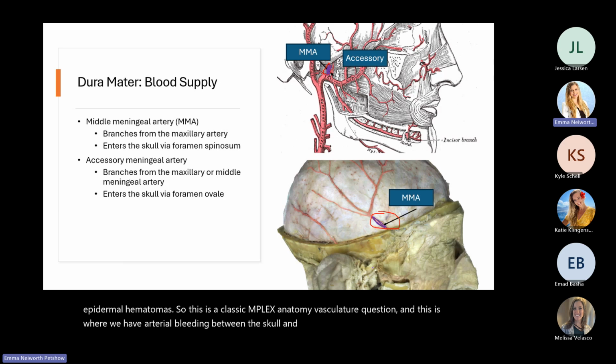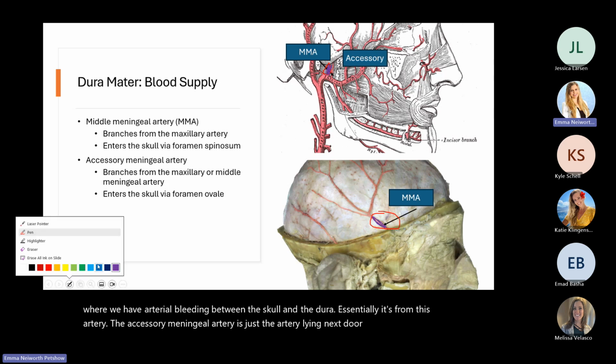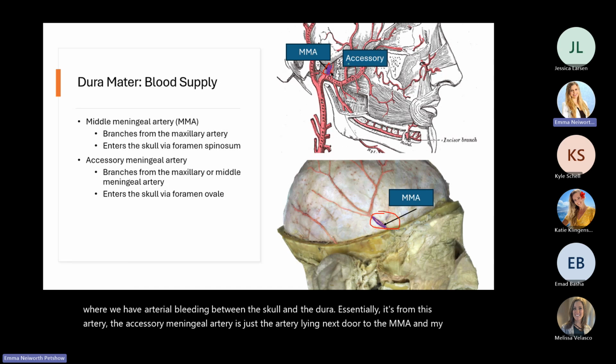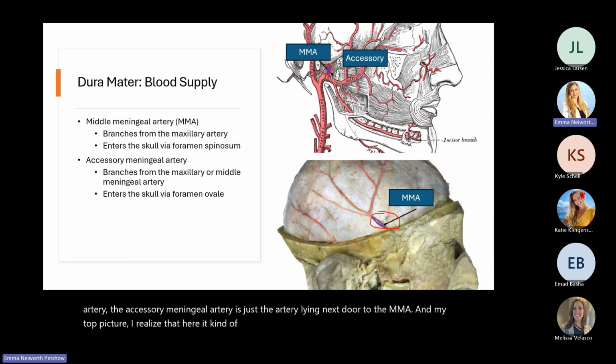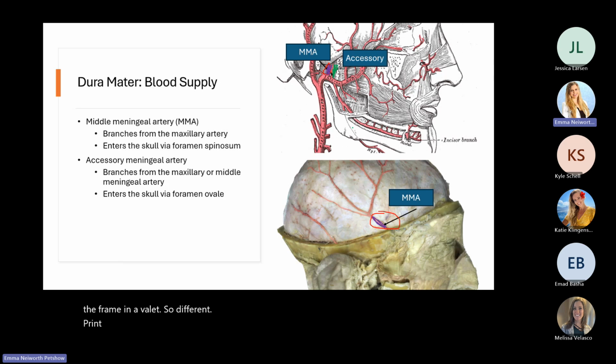It's from this artery. The accessory meningeal artery is just the artery lying next door to the MMA. In my top picture, it kind of got skewed and my arrow went away, but it's this tiny little one that I'm highlighting in green next door. This one can enter via the foramen ovale, so a different entry point. It also comes from the same branch artery.